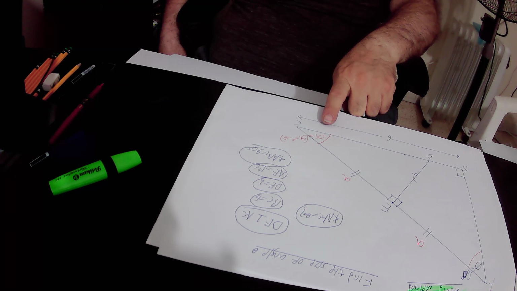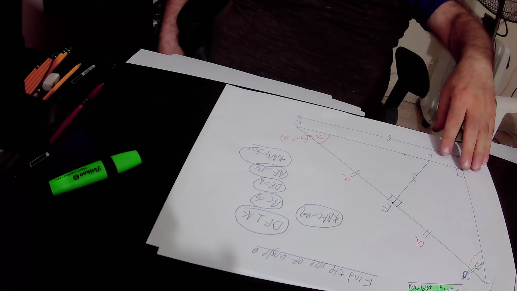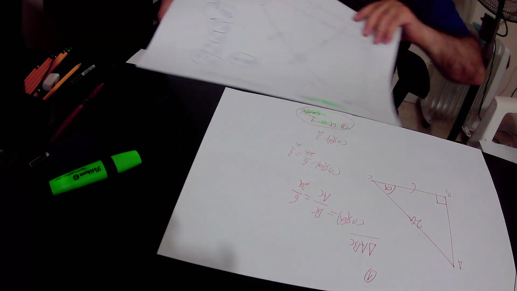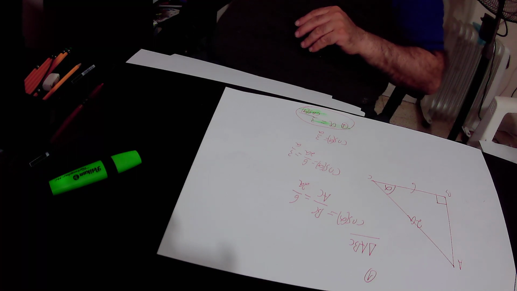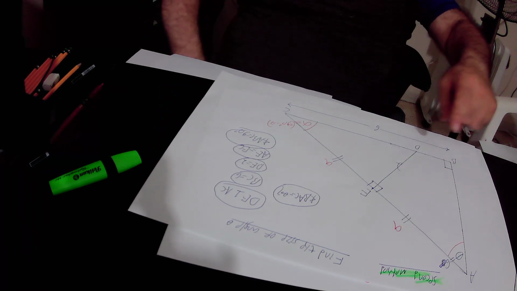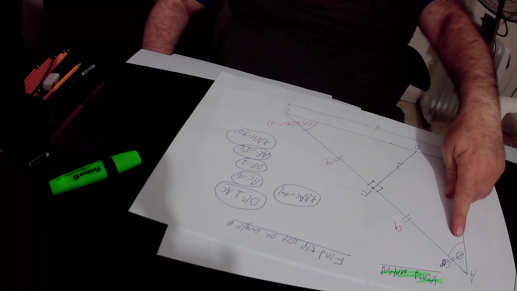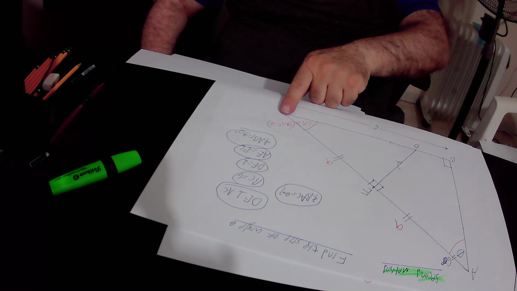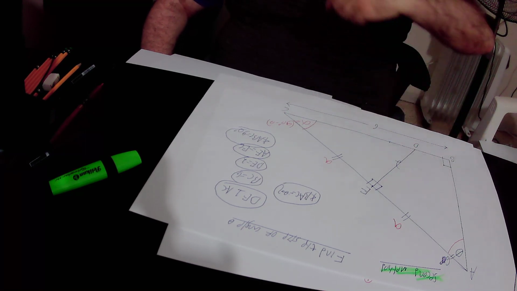So if this angle equals alpha, because in the right triangle ABC we know that this angle equals theta, this angle must be equal to 90 degrees minus theta in order to complete the sum of the angles in the triangle to 180 degrees.